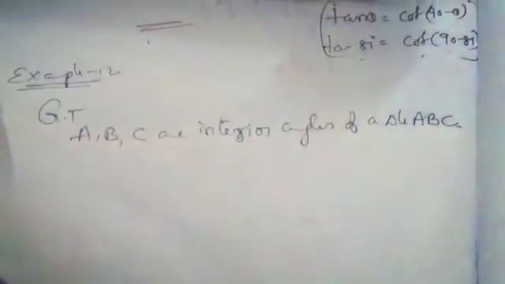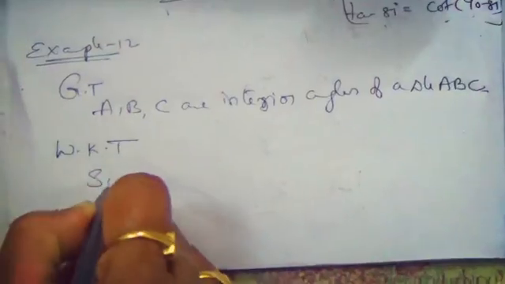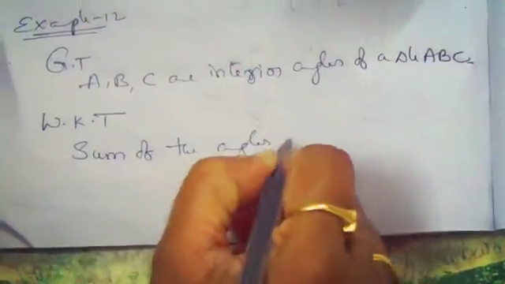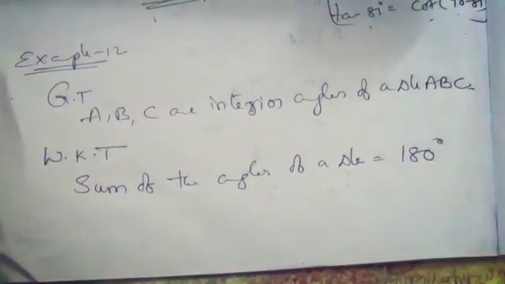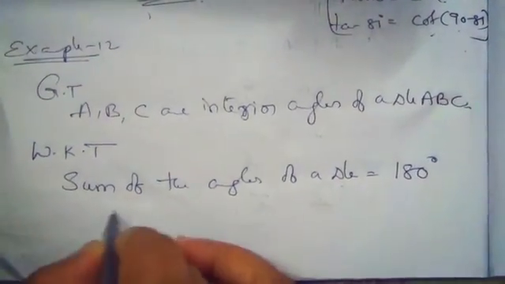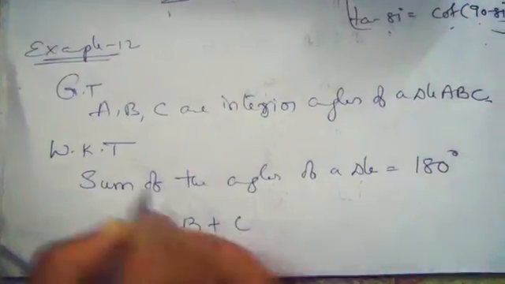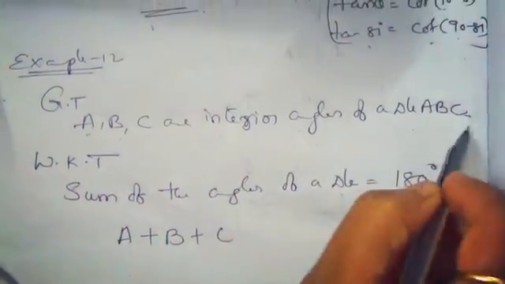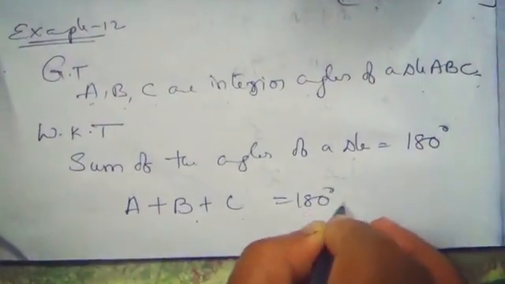Then what do we know? We know that the sum of the angles of a triangle is equal to 180 degrees, isn't it? So angle A plus angle B plus angle C, already it was given, no? So A, B, C are the interior angles of a triangle. A plus B plus C is equal to 180 degrees.